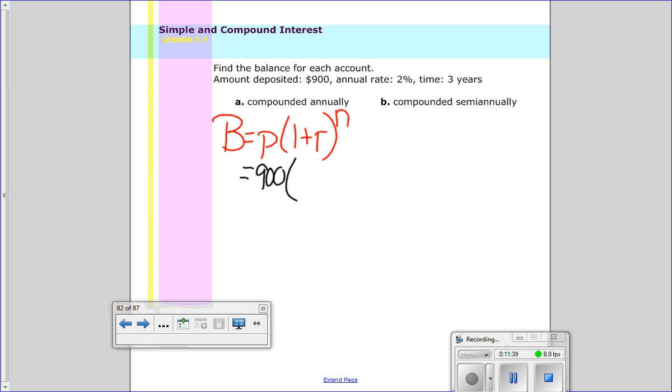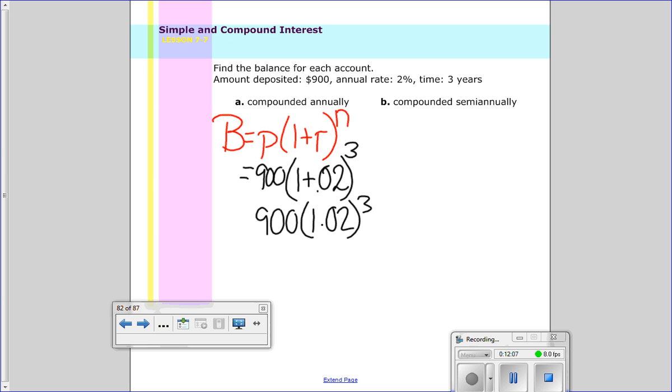So this time you don't have to change anything, you just plug it right in here. So I deposited $900. My interest rate is 2%, which is really 200ths. And then I do this for 3 years. So again, you plug it into your calculator once I simplify this. 900 times 1 and 200ths to the 3rd power. And I didn't really simplify that one. There we go.